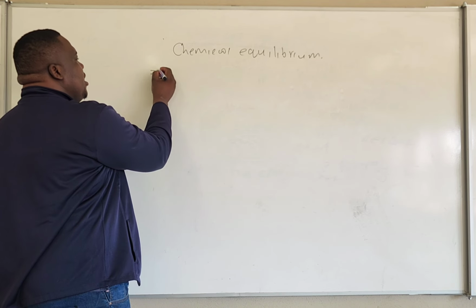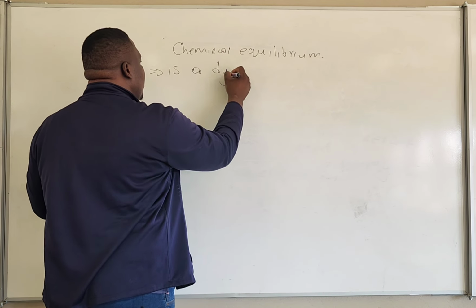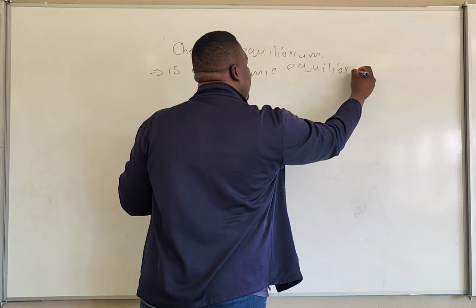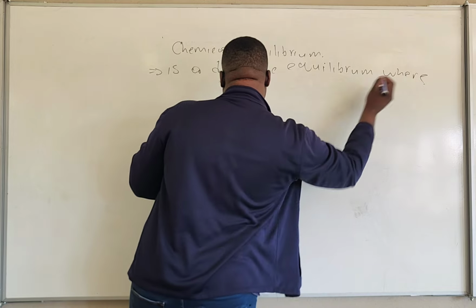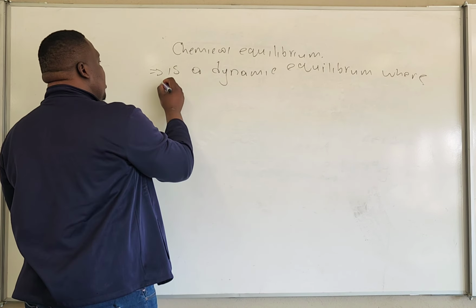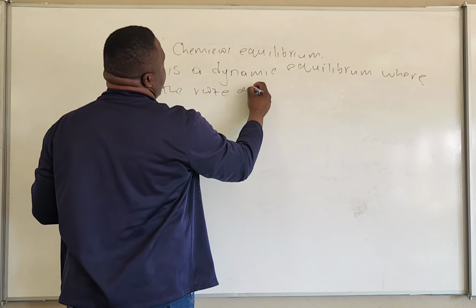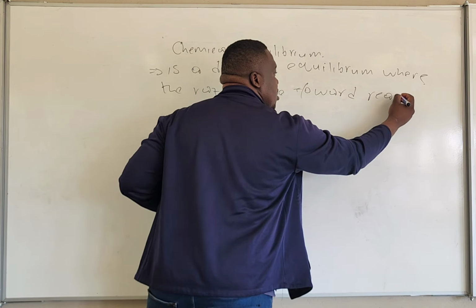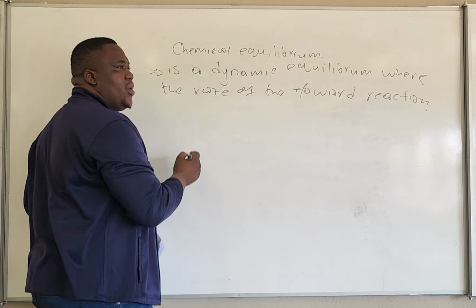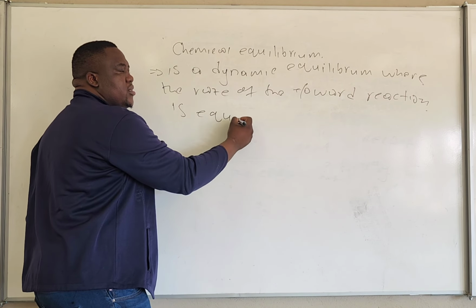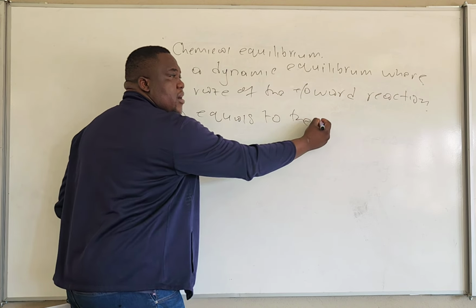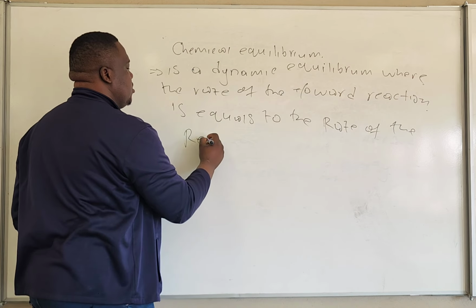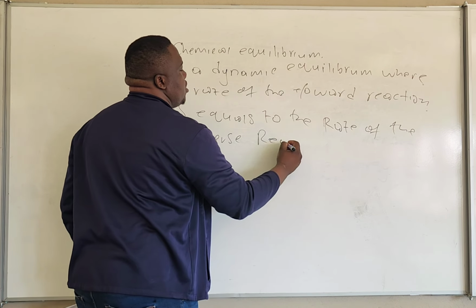They say that chemical equilibrium is a dynamic equilibrium where the rate of the forward reaction is equal to the rate of the reverse reaction.